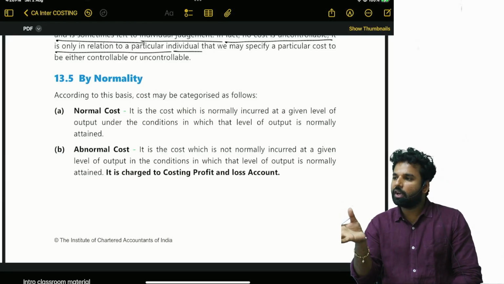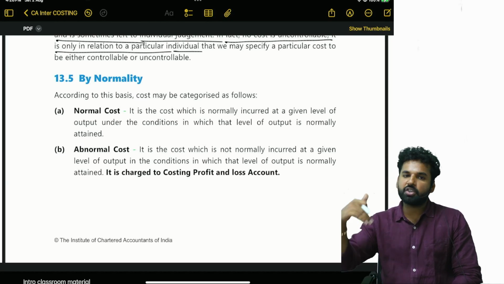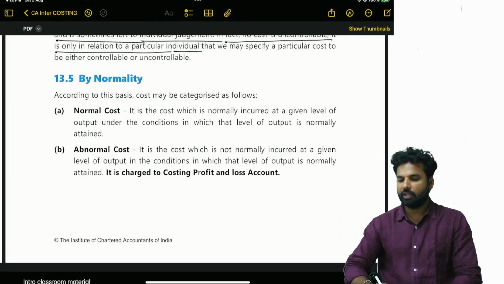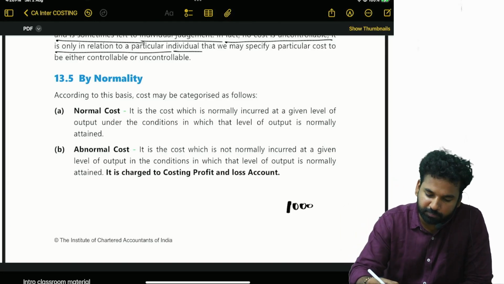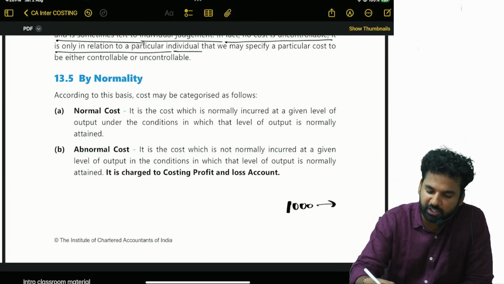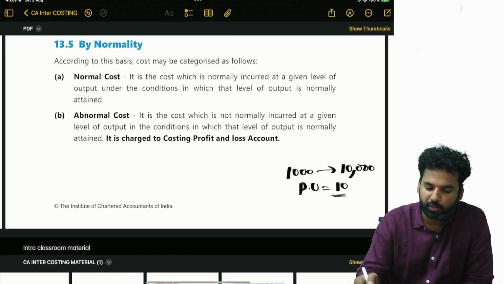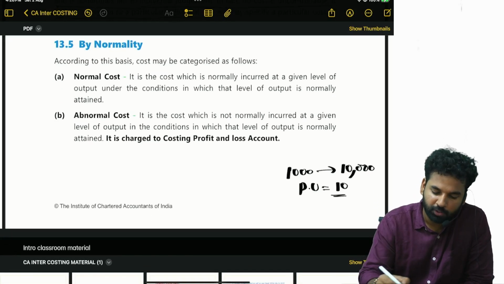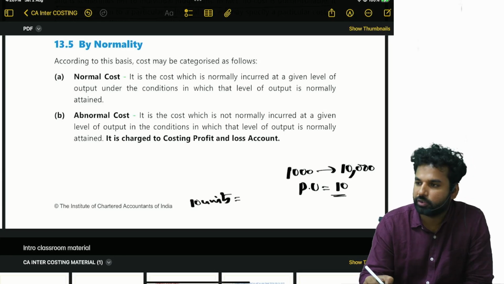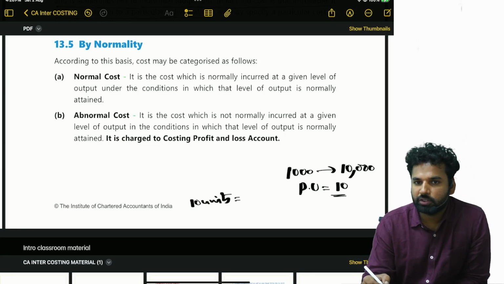Whatever loss is incurred normally, that cost can be charged on the products which are saved. Let's say you purchase 1000 units for 10,000 rupees. That means each unit will be rupees 10. Now you lost 10 units. Normal loss is 10 units.